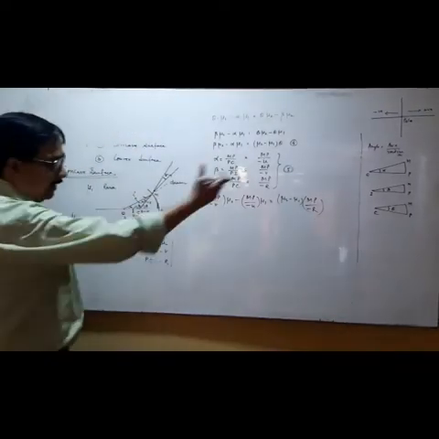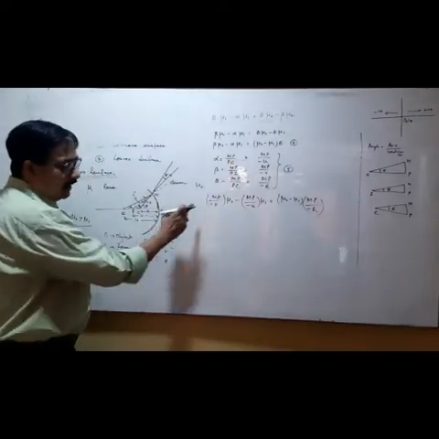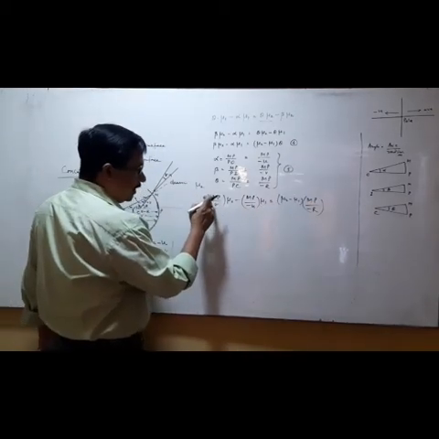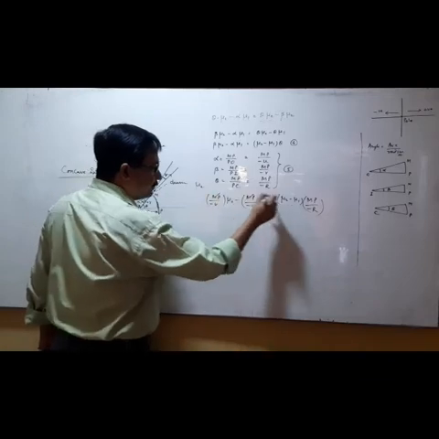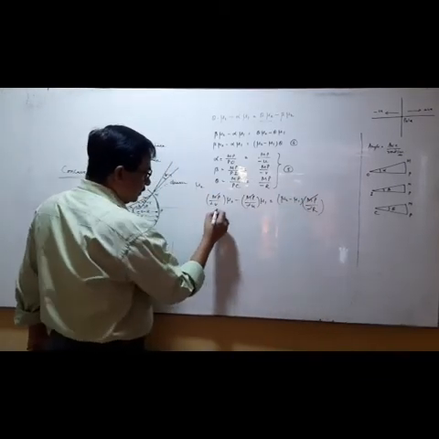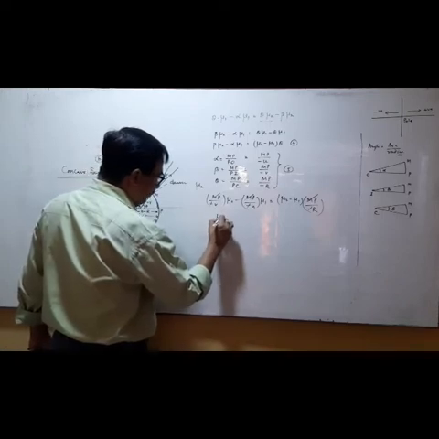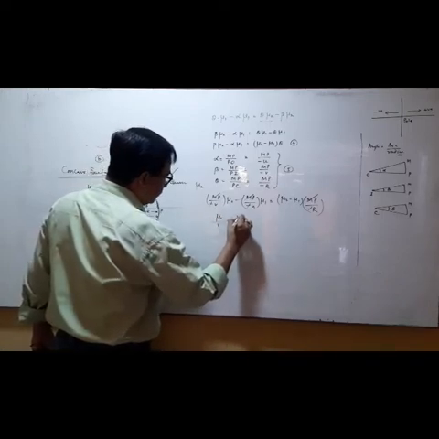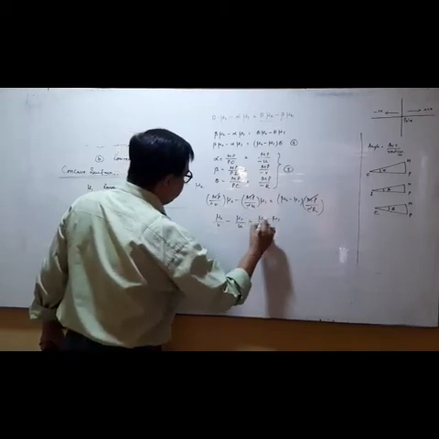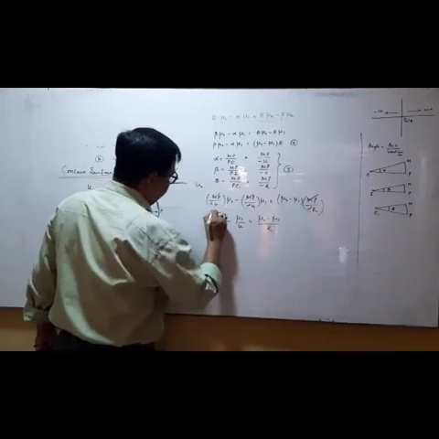Now you see, MP is common to both sides and this minus is also common, so we can simply cancel MP and the minus. And just write mu 2 by V minus mu 1 by U is mu 2 minus mu 1 by R. This is actually the relation.